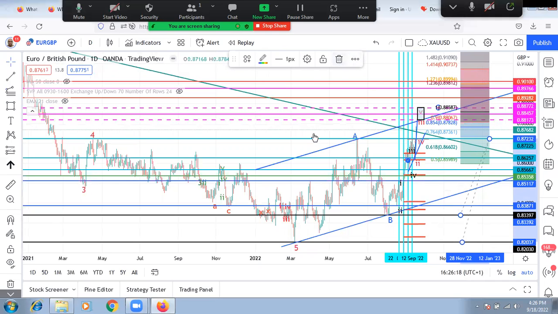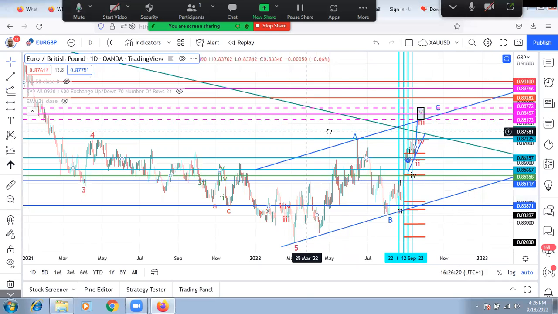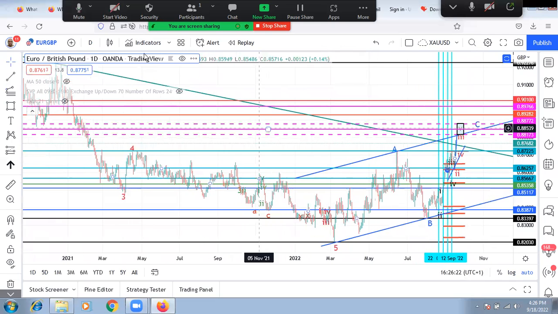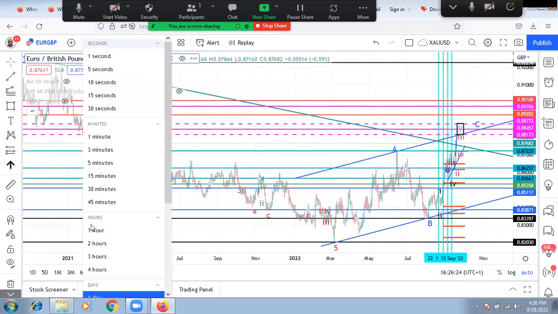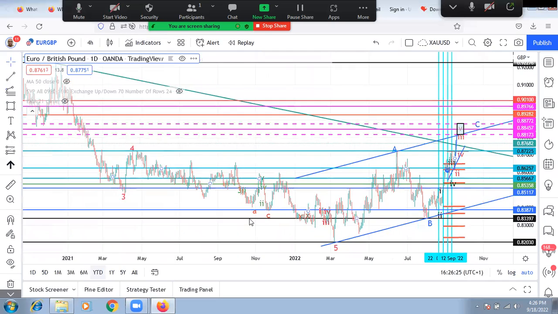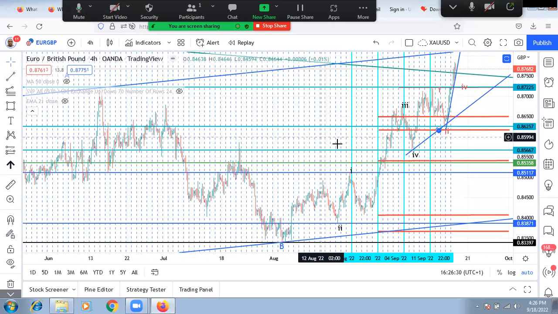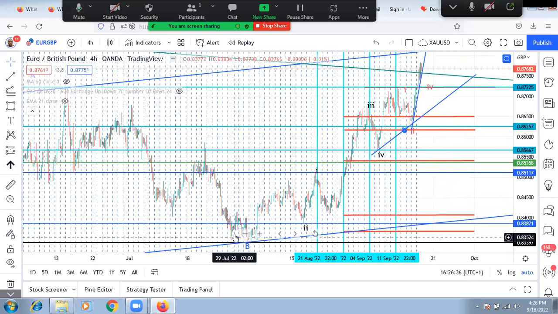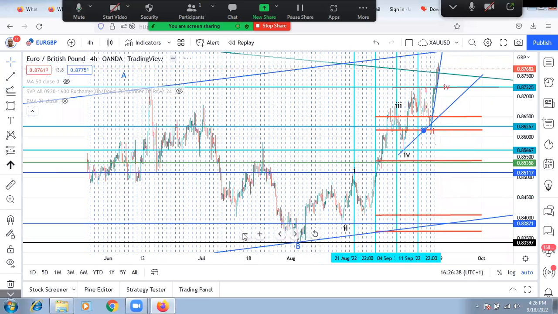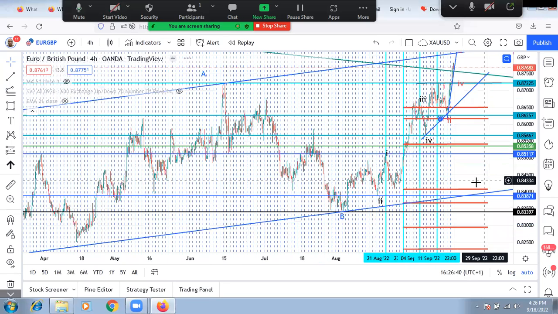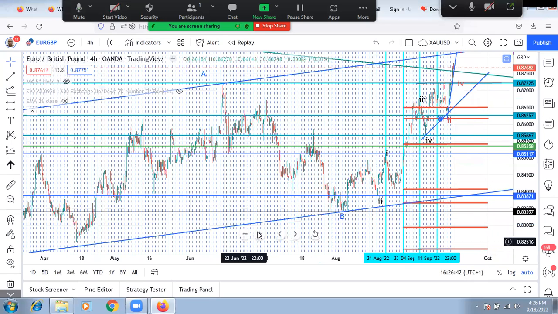But to be precise, we need to look at the internal structure of that and see what it is giving us. Now, this is what I'm about to show you on this particular instrument and why I'm giving you this. So looking at this structure of C to the upside, I hope you can see it.